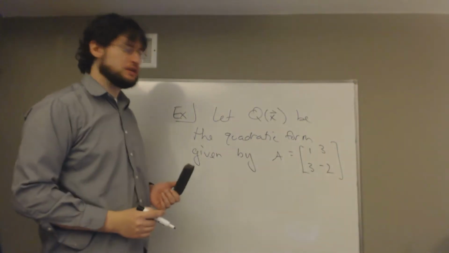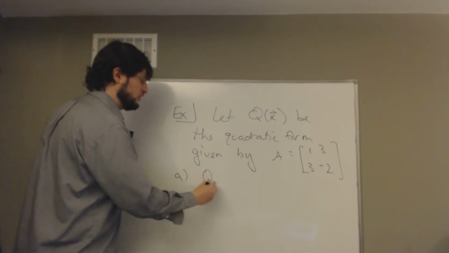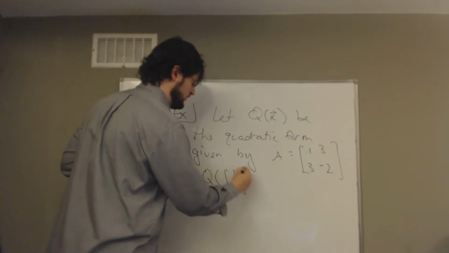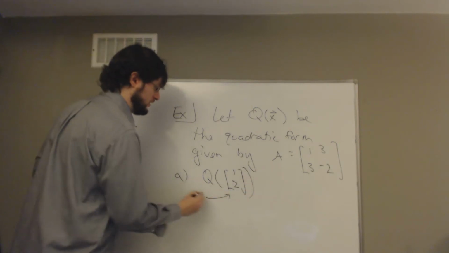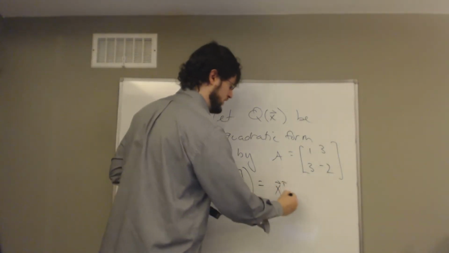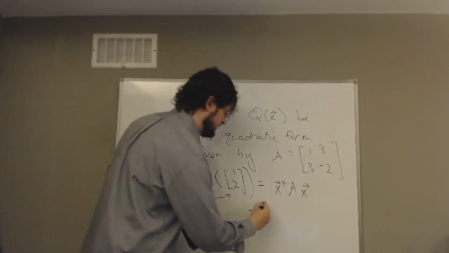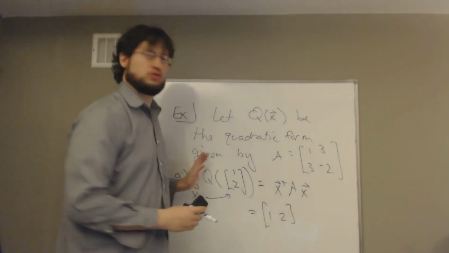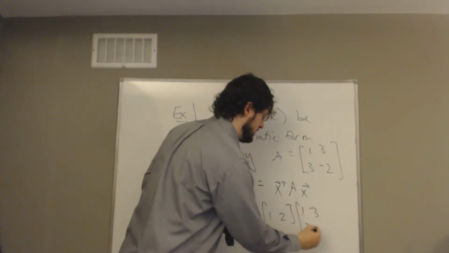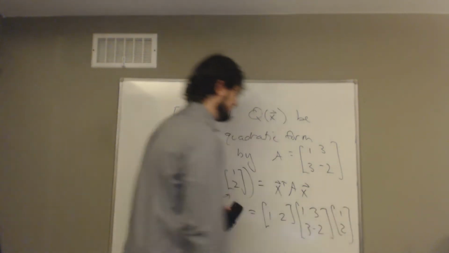So that's a symmetric matrix. Then let's do a couple of things. What is Q at the vector x, let's say 1, 2? If this is x, then Q at x is x transpose A x. x transpose is 1, 2, across instead of down. A is 1, 3, 3, minus 2, and x is 1, 2, going down.